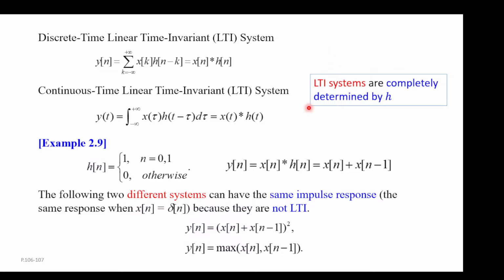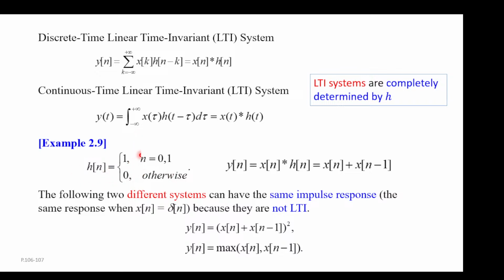Okay, but one thing I want to stress is that this complete determination only works for LTI systems. If you have systems that are not LTI, they can have the same impulse response h but be different functions. So for example, let's think about a very easy impulse response.